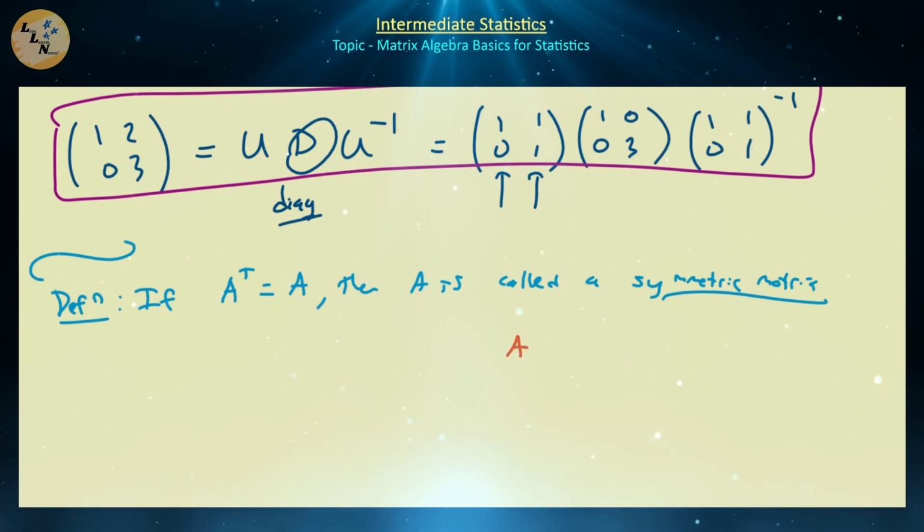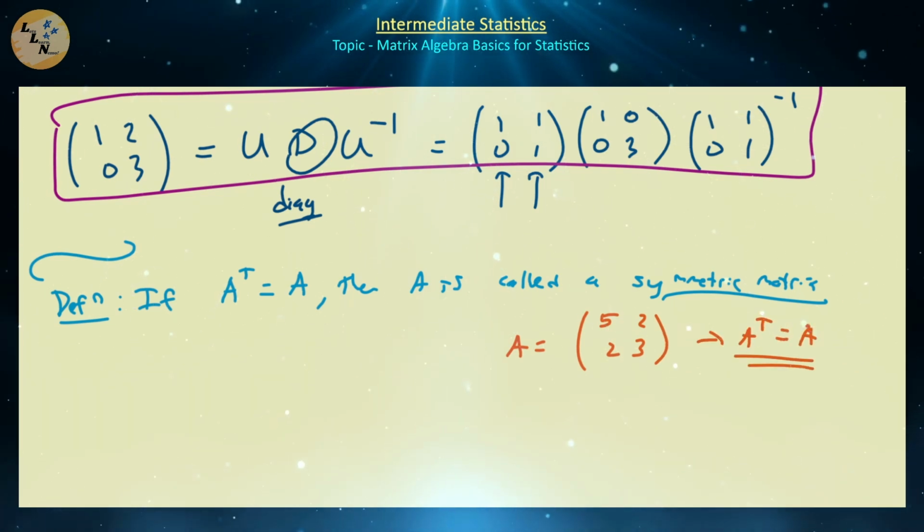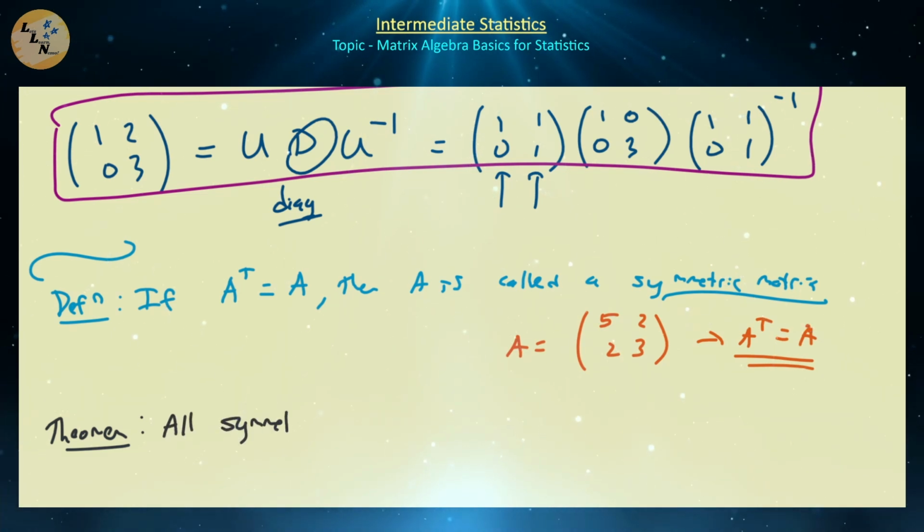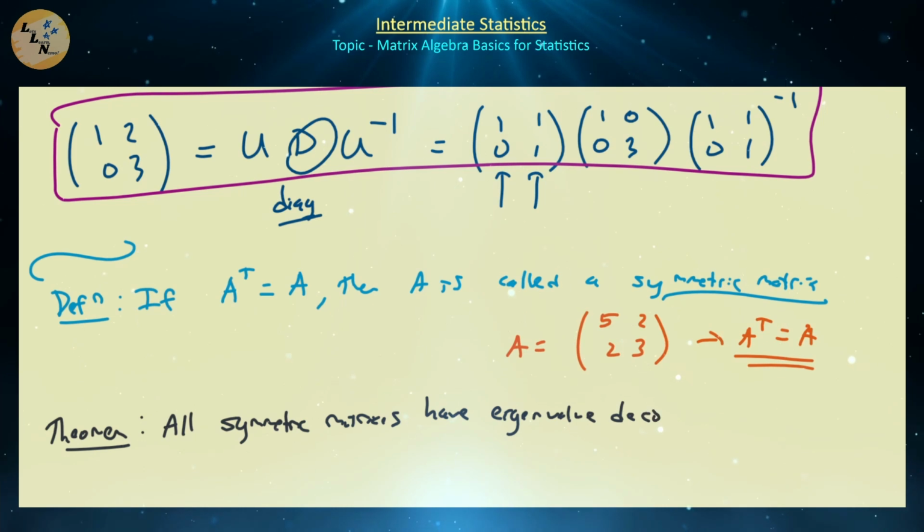So if you say, for example, A is equal to 5, 3, 2, 2, and you take the transpose of that, you should be able to see that A transpose is equal to A. Therefore, A is a symmetric matrix. There's a wonderful and beautiful theorem that says this: all symmetric matrices have eigenvalue decompositions.